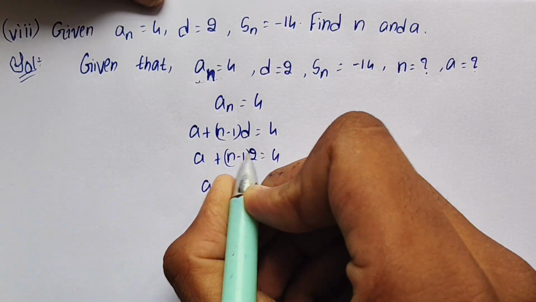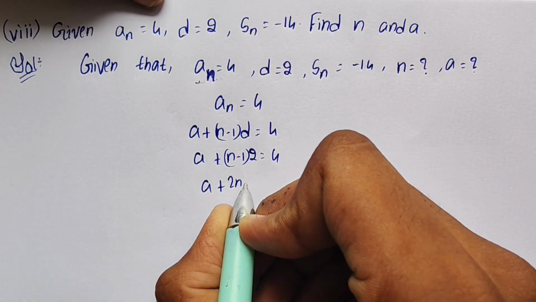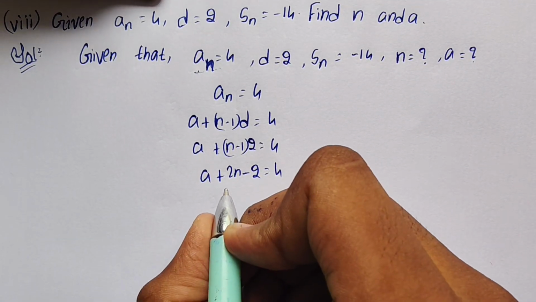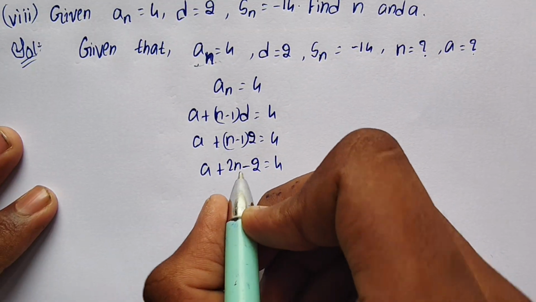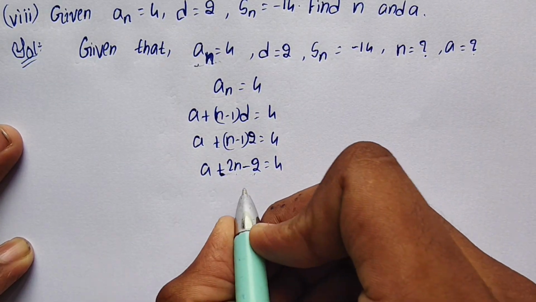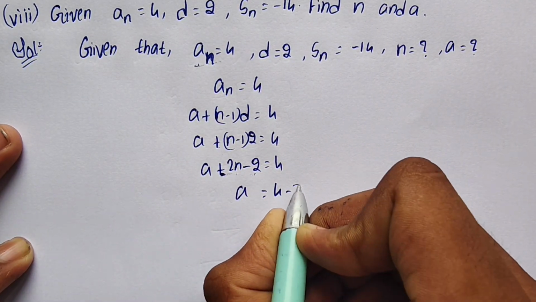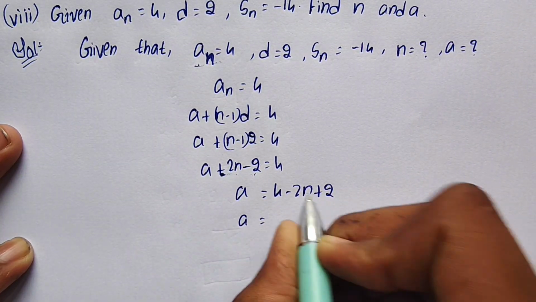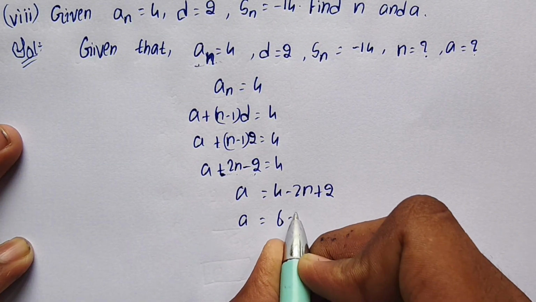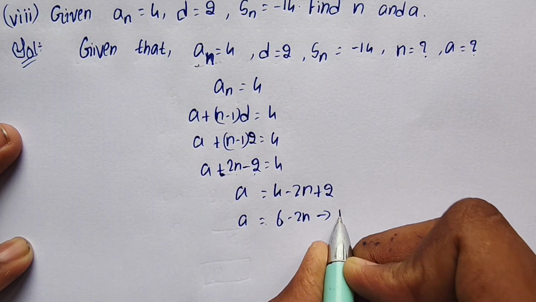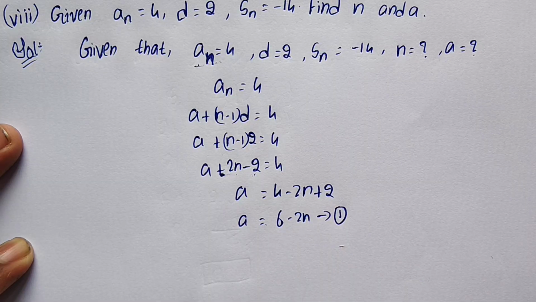A plus 2n minus 2 equals 4. I transpose the plus 2n minus 2 to the right side. Then a equals 4 minus 2n plus 2, so a equals 4 plus 2, which is 6, minus 2n. So we got a equals 6 minus 2n. I am taking it as equation 1.